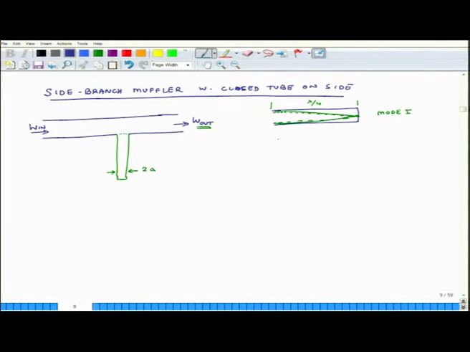So, I am sorry. So, this is my closed tube. So, this is the central line.